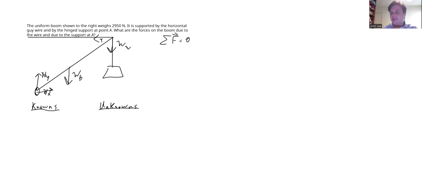Because it's a hinge, it has a little bit of wiggle room, and it can point with whatever force is necessary in order to keep it from moving side to side or up and down or rotating or anything like that. So we know the weight of the weight and the weight of the boom, and we choose the hinge to be our zero, because it is the point where we know the least.